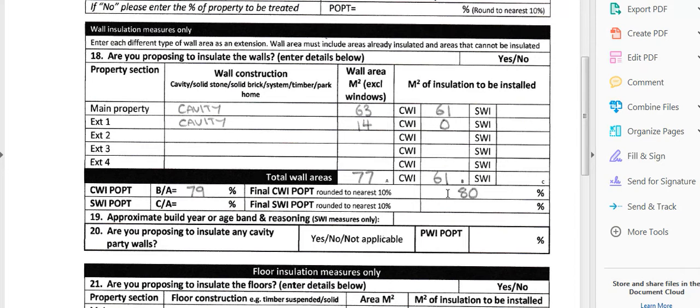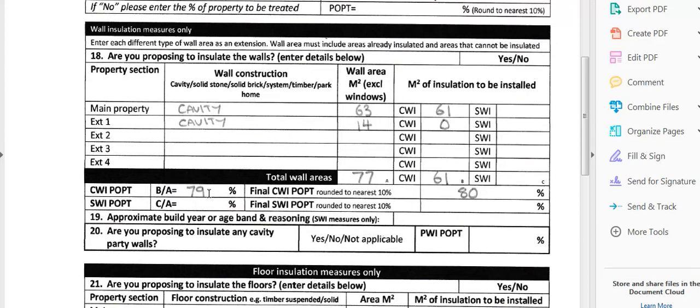So we then end up with this figure here, which is in box B, which says of the 77 square metres of that heat loss wall, we are insulating 61 square metres. What you then do, in this box here, is calculate the accurate POPPED calculation.